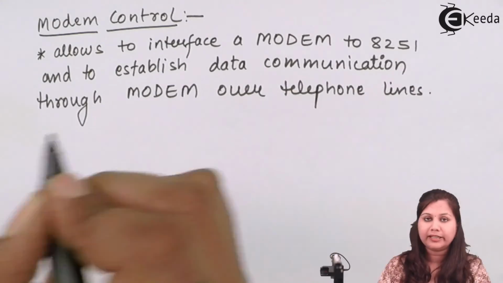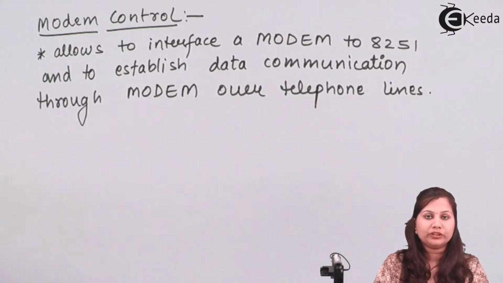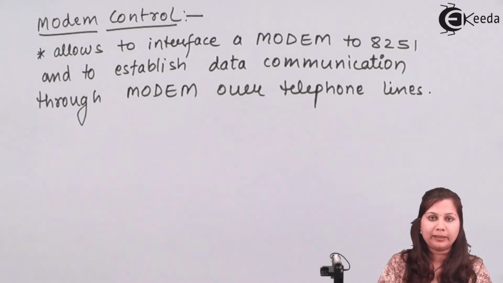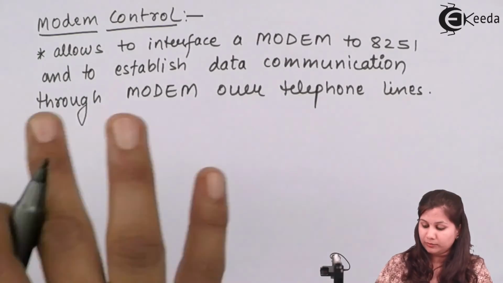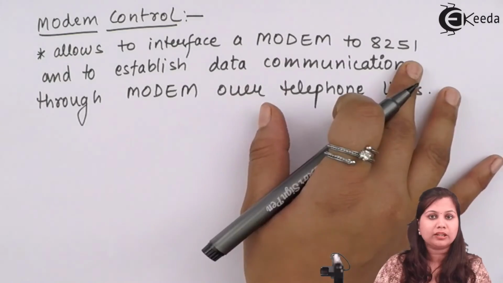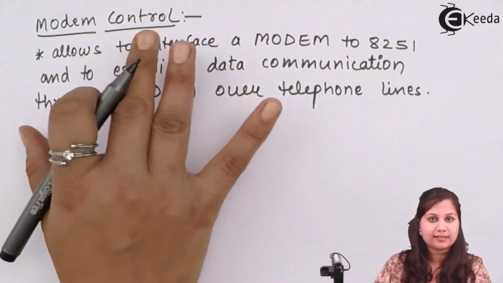If the data is to be transmitted over the telephone lines, then a modem will be used. So the modem can be interfaced with the 8251 through this section.